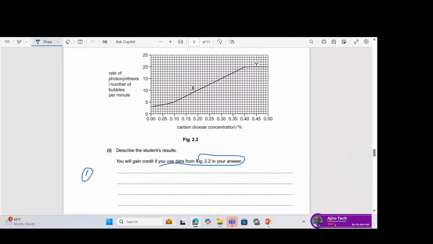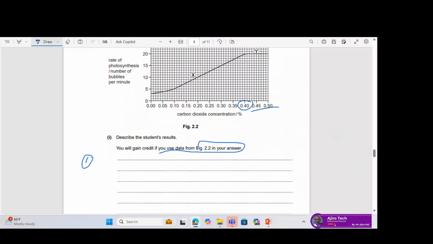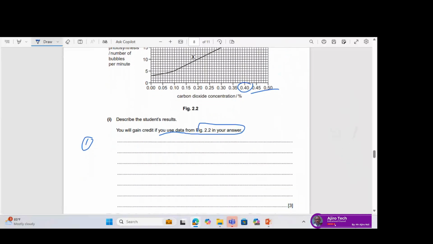Okay, at least you are quoting data now, 0.40. And above that, the graph stayed constant at region Y. Okay, that's 1 point. One more.